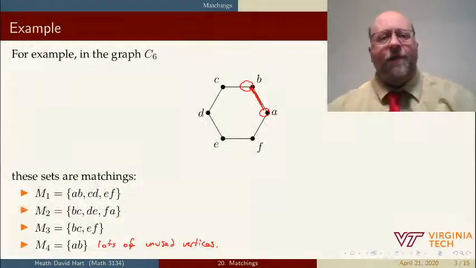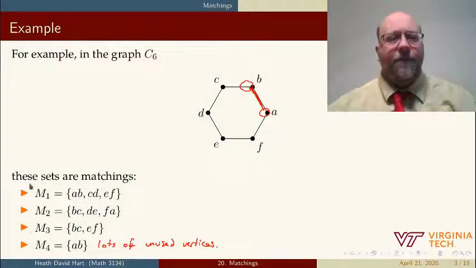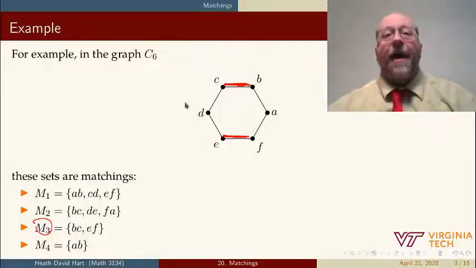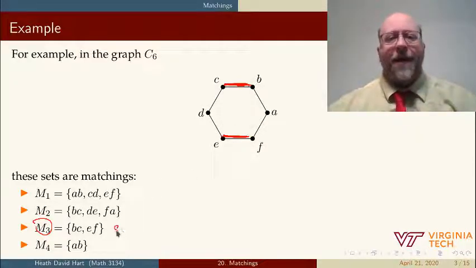If we look at this matching right here, M3, that's BC and EF. That's a matching because no vertex is used more than once, but I cannot add to this existing matching. I can't match D to anything. I can't match A to anything. So I can't add to what's already here.